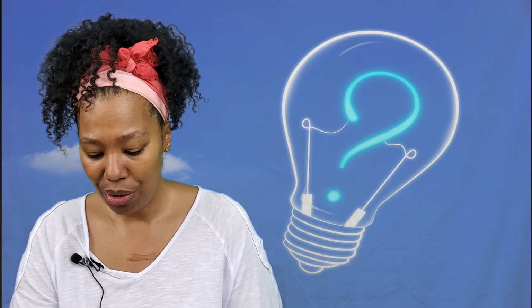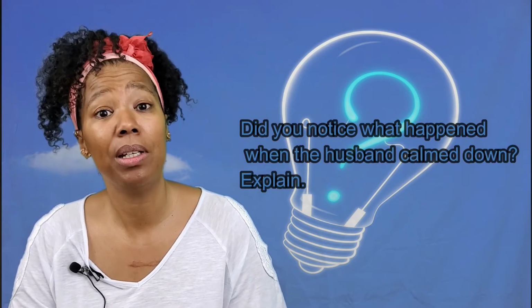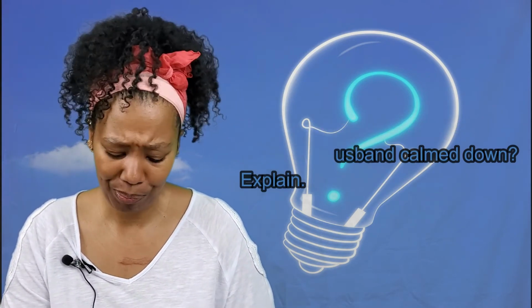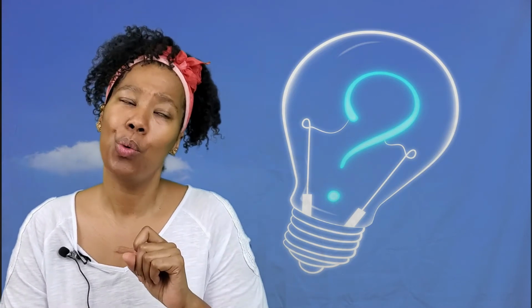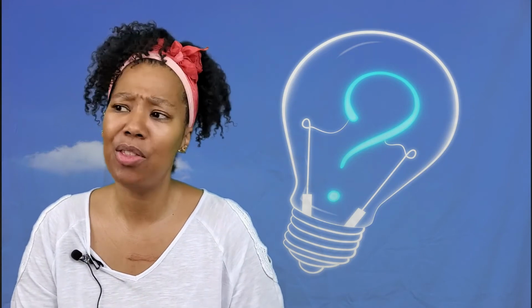And do you see what happened in the story when the husband calmed down? Remember what happened? Now, what is that word? What is that you call that? So remember, he calmed down and he forgot even the reason why he was angry, but he didn't want to admit that he was wrong because he thought to himself, if I say something now, then everybody will think that this argument is my fault.